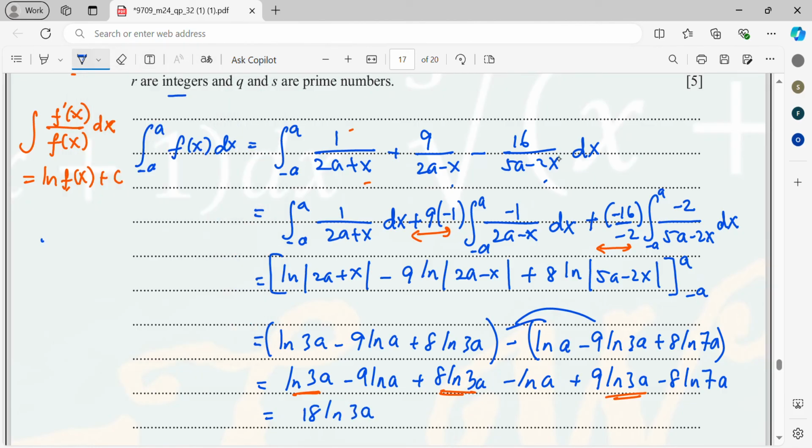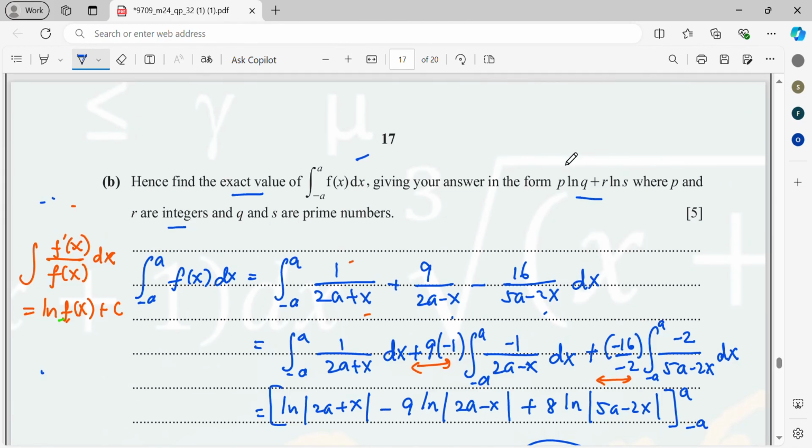And then minus 9 ln a minus 1 ln a. That is minus 10 ln a. After that, last term, minus 8 ln 7a. Then look at the question. It should be p ln q plus r ln s, where q and s are prime numbers.